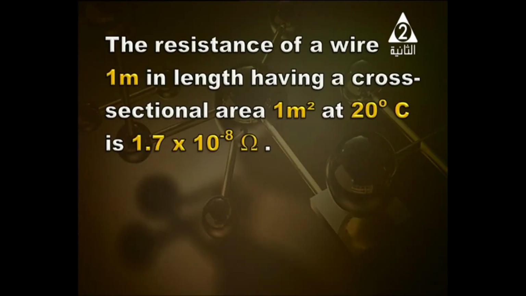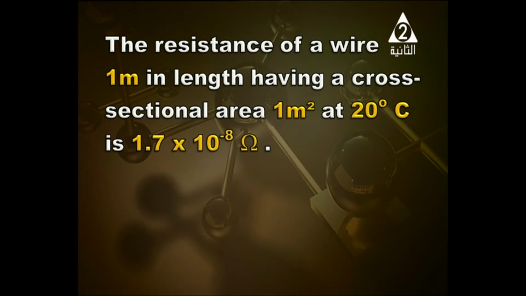The resistance of a wire, 1 meter in length, having a cross-sectional area 1 meter squared at 20 Celsius is 1.7 times 10 to the power of negative 8 ohm. What do you understand from this?